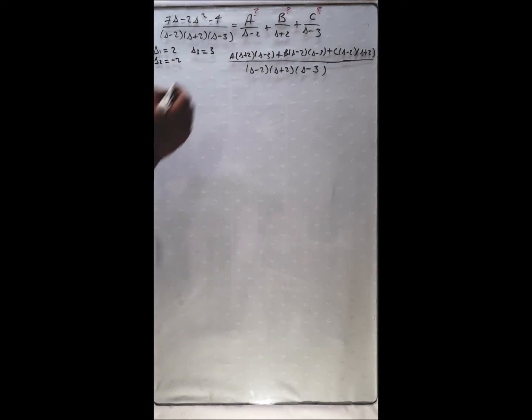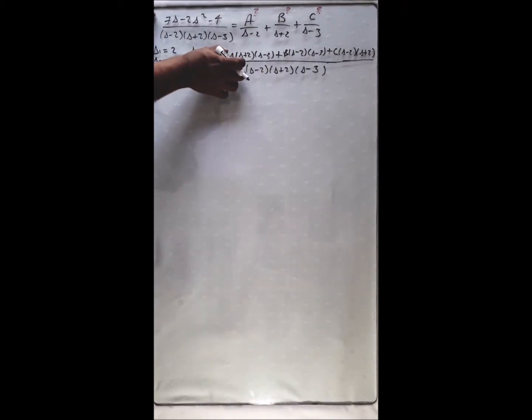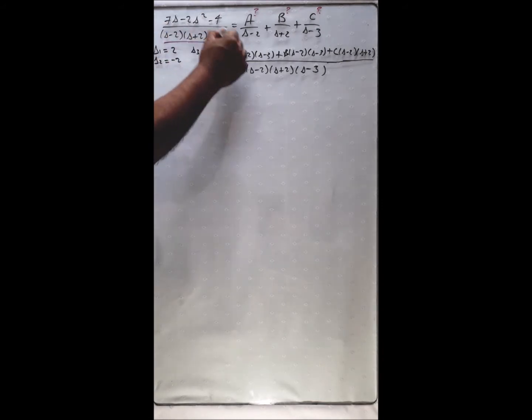Now the purpose of this is that these partial fractions must be equal to this fraction. That means that when you do the common denominator, this must be equal to this. As you can see here, the denominator is already the same. What you need to make the same is the numerator. So what is the numerator?